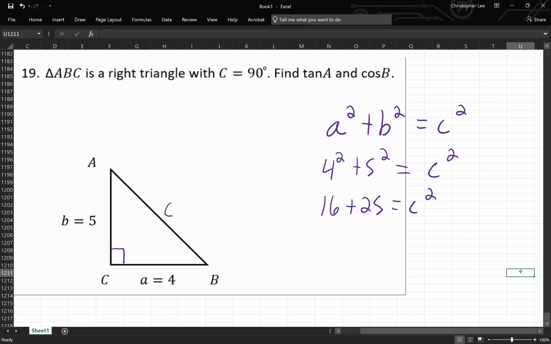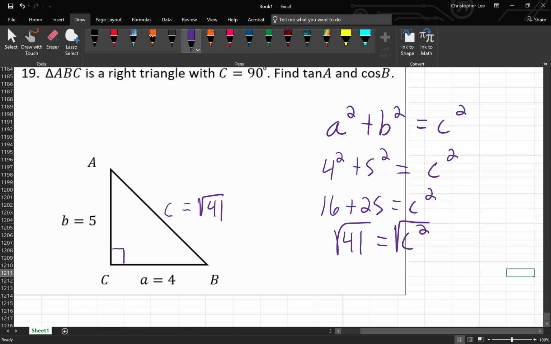Add these together. What's that? 41, something like that? I don't know. Equals c squared, right? Then you just want to square root both sides. So c is equal to square root 41, right? But our question asks us specifically, what is tan A?